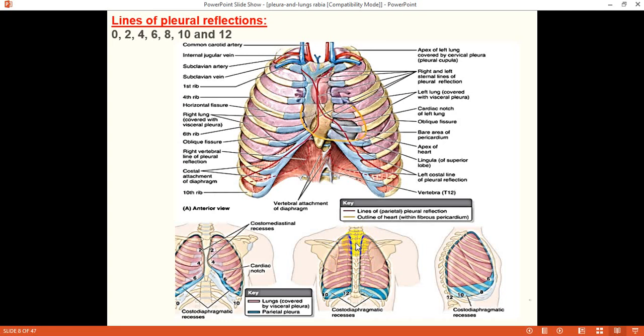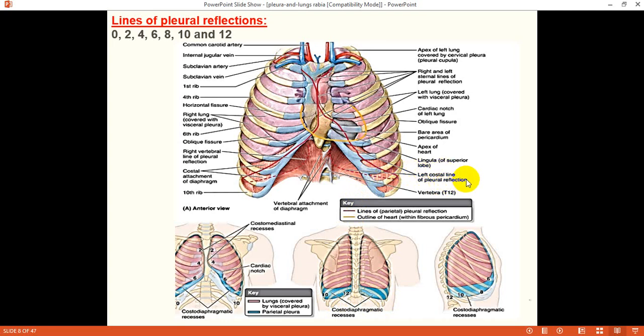So the vertebral line of reflection is going to line the paravertebral region from T1 to T12 vertebrae. Inferiorly they are continuous with the costodiaphragmatic lines of reflection, which can simply be called costal lines of reflection.